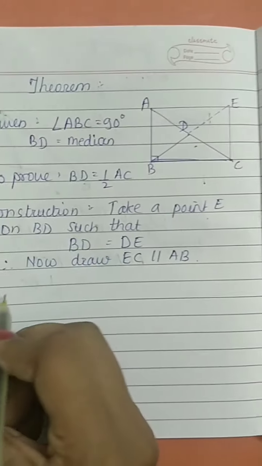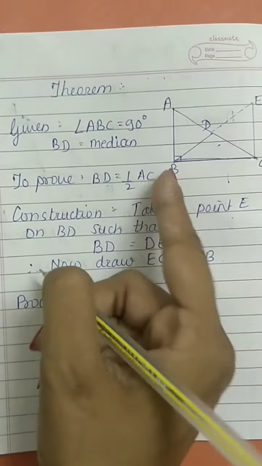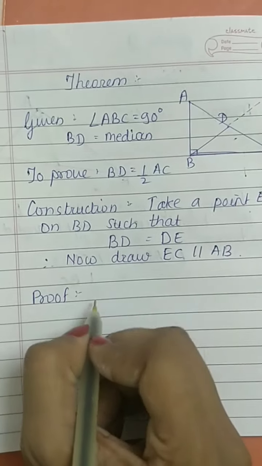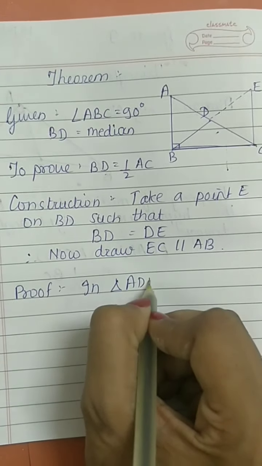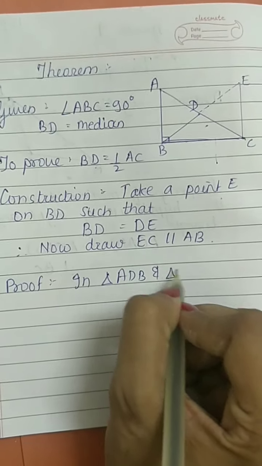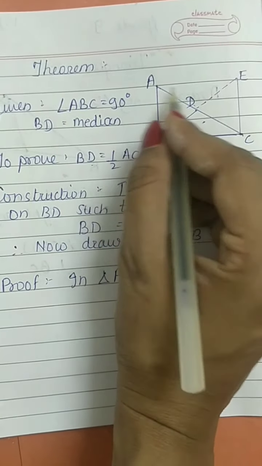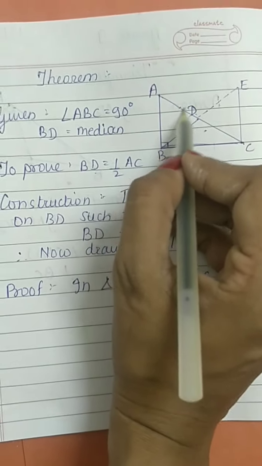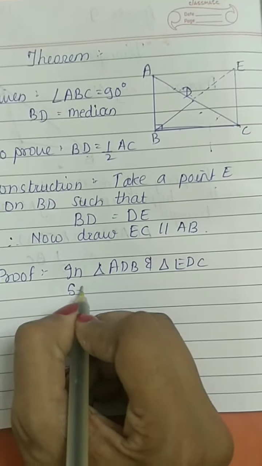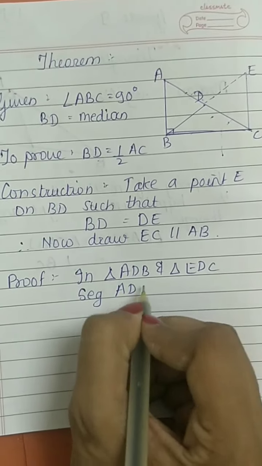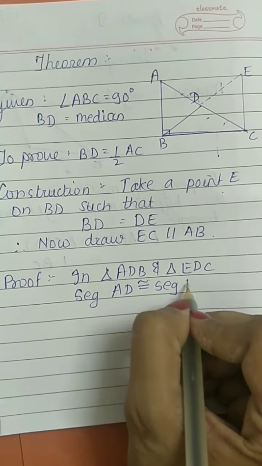Now in the proof, see, we have got these two triangles. In triangle ADB and triangle EDC, this side and this side are equal, right? Segment AD is congruent to segment DC.